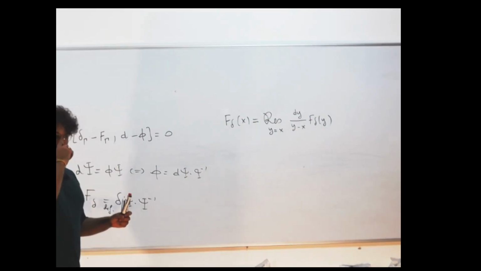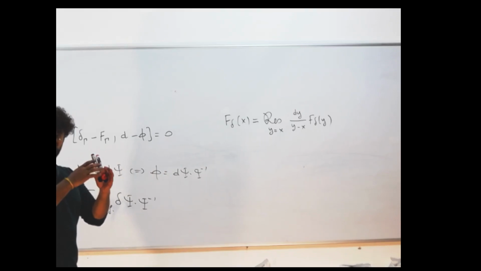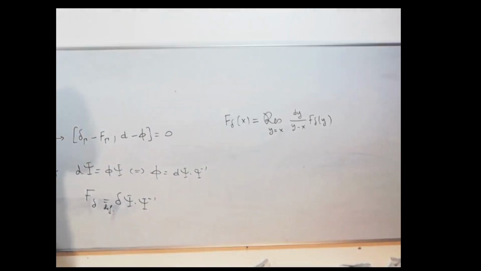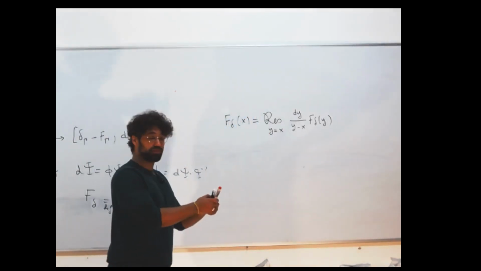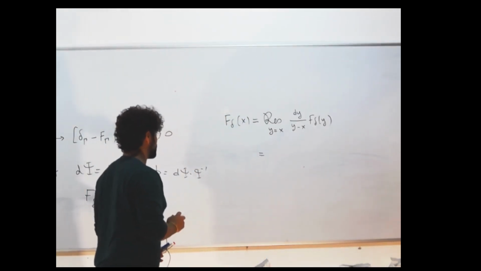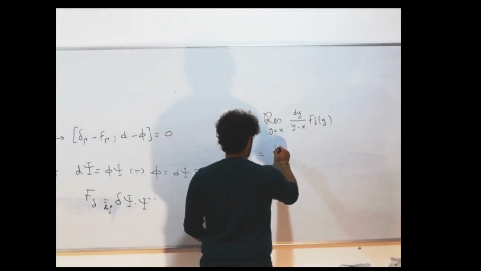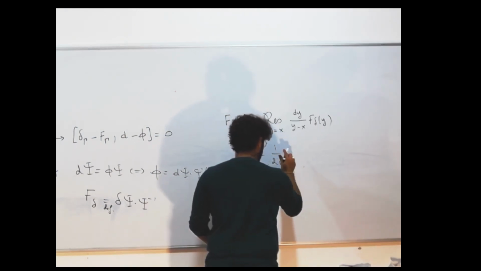Okay, so now that we write this in this way, you can take this little contour, push it to the boundaries, to the boundary of C gamma, okay, and write this F delta as a sum over the edges of the graph. Okay, so now you get this as 1 over 2 pi I.